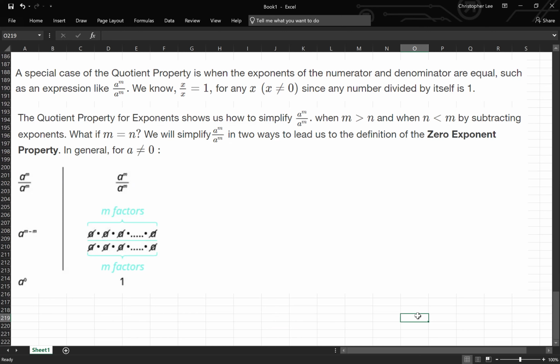When we simplify a to the m divided by a to the m in two ways, it leads us to the definition of the zero exponent property. So in general, for a not equal to 0, a to the m divided by a to the m leads us to a to the m minus m power, or a to the 0 power. And the same thing, a to the m divided by a to the m is 1. All right?